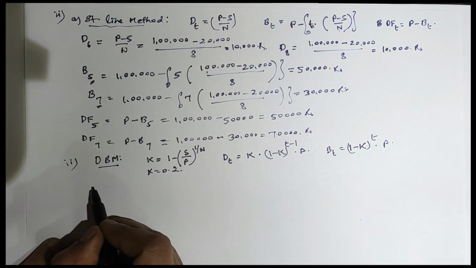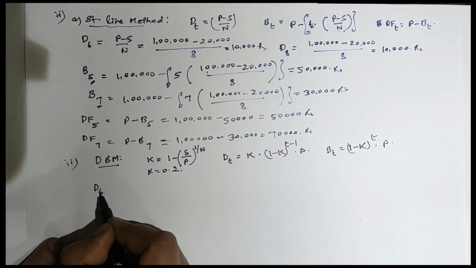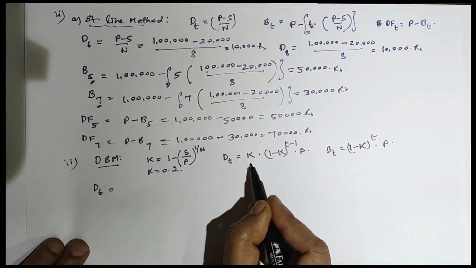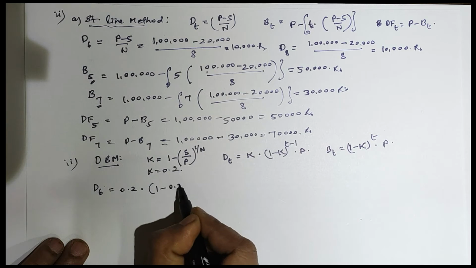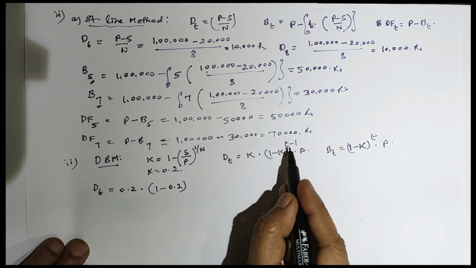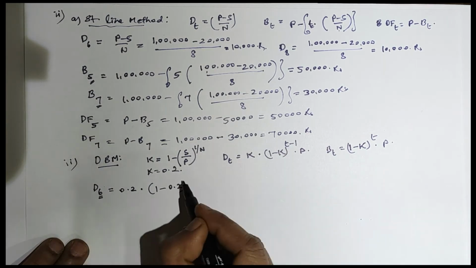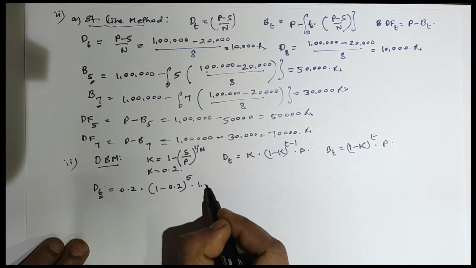So let us go for D6 calculation, which is equal to K, 0.2, into (1 minus 0.2), that is 1 minus K, raised to the power T minus 1. T is 6, 6 minus 1, 5, into 1 lakh.